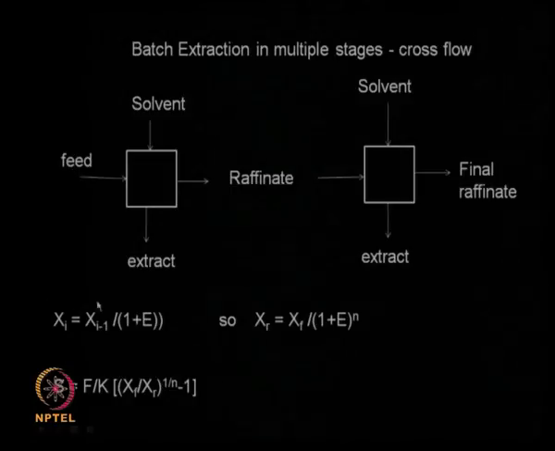So you can have a general equation like this: Xi, the concentration of the solute leaving stage i, will be equal to the concentration of the solute entering the stage divided by 1 plus E. Or if you do an overall mass balance considering n distinct stages, XR, the concentration of the solute in the raffinate, will be equal to XF divided by 1 plus E raised to the power n. n is your number of stages. Very simple equation.